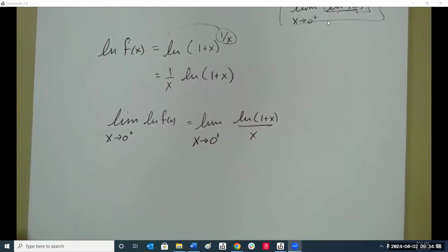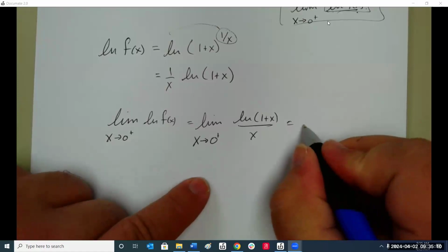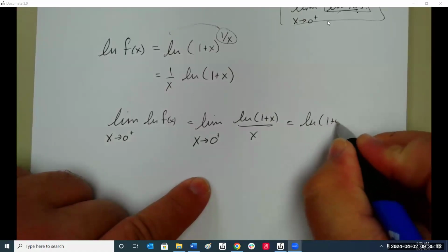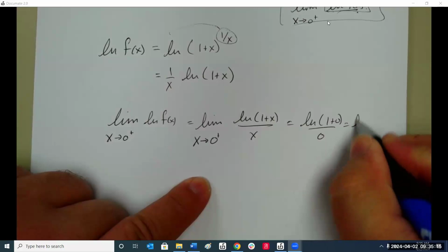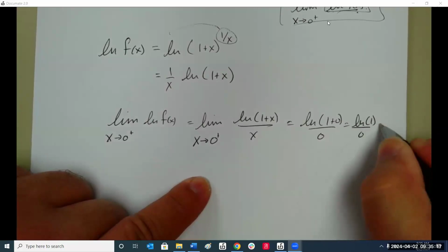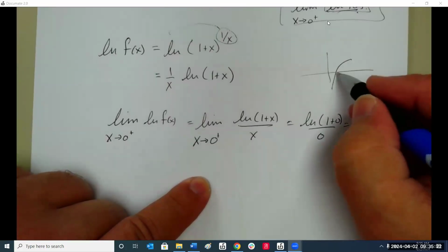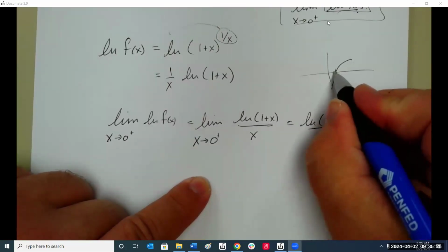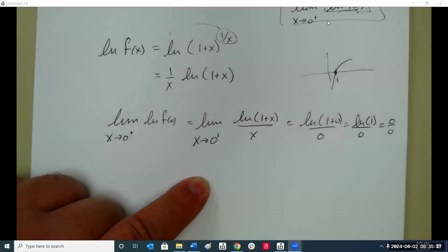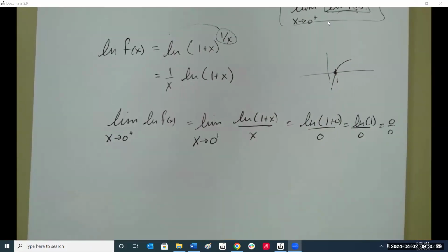Why? Is that the only condition? Are you sure the top is 0? Why? ln 1. Very good. Because if we plug in 0, we have ln of 1 plus 0 over 0, ln of 1 over 0. ln of 1 is 0, because at 1 the y value is 0, right? So we can use L'Hopital's rule.